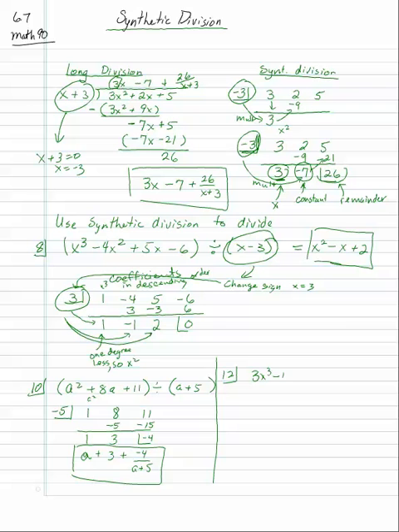3x cubed minus 10x squared minus 9x plus 15 divided by x minus 4. So again, we're going to bring the coefficients, 3, negative 10, negative 9, 15. Then here we're going to change the sign, and don't forget to change.